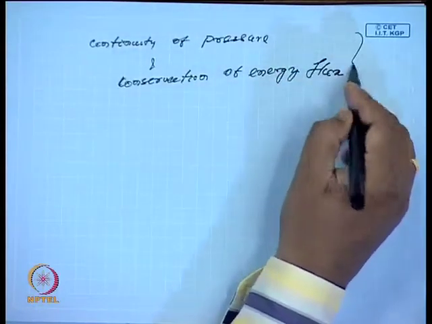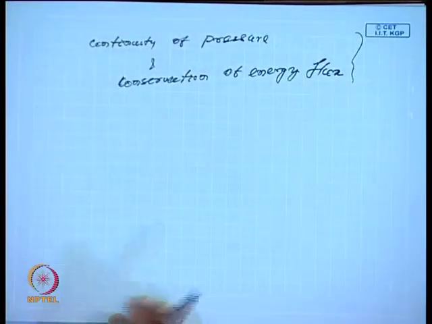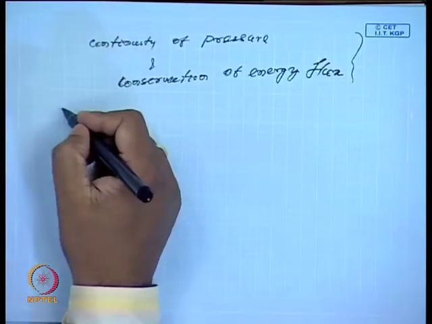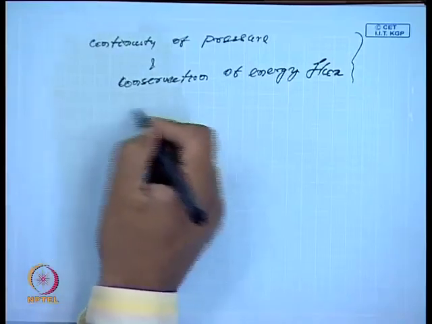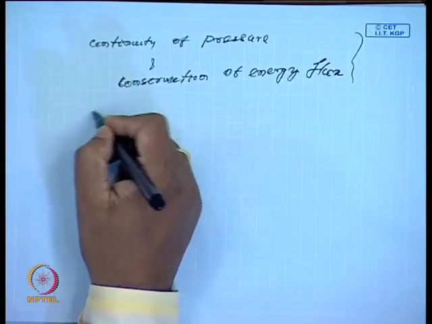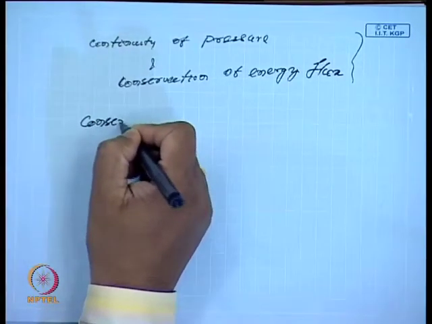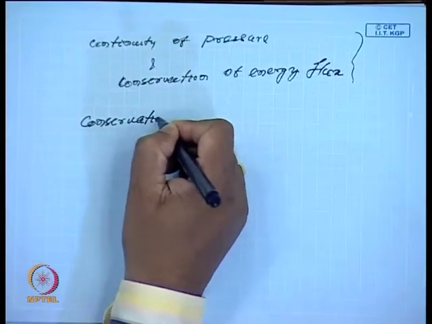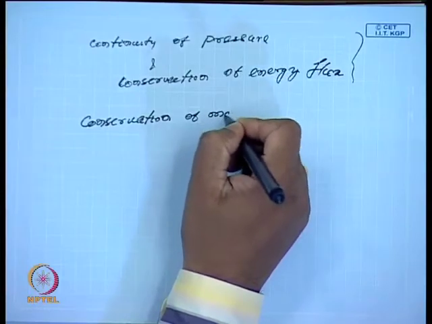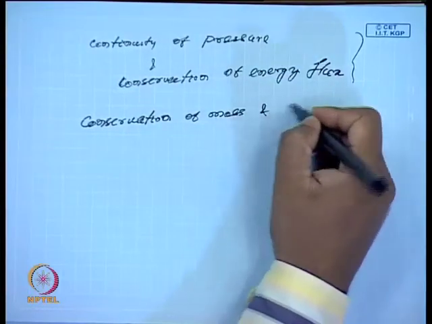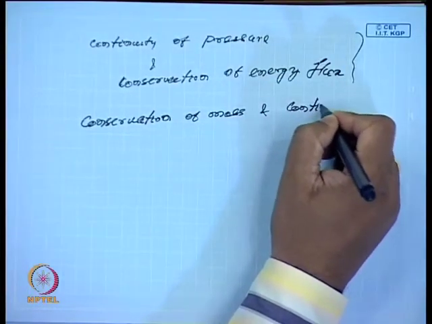On the other hand, the same long wave reflection can be obtained if we proceed in the same way by assuming conservation of mass and continuity of pressure at the interface.